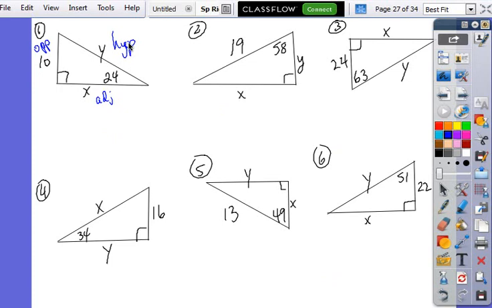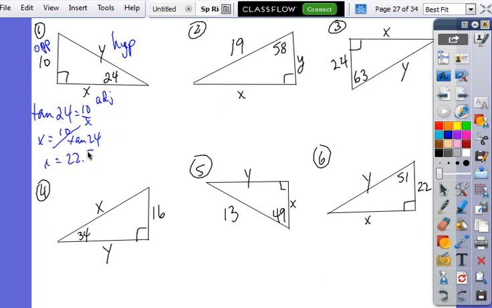So on that one, for 24, 10, and X, that's going to be a tangent problem. So I would do tangent 24 equals 10 over X because opposite over adjacent. I'm going to divide that. What is that? 10 divided by tangent 24. It's 22.45. All right, so 22.5. Yeah, it's rounded.